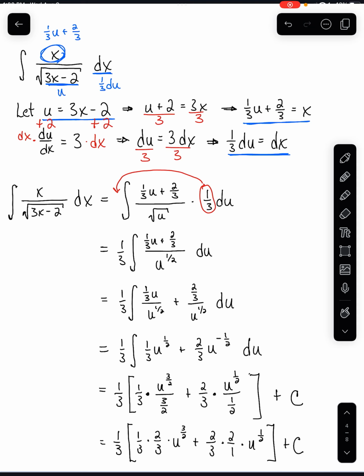But we can at least combine the coefficients. 1/3 times 2/3 is going to give us 2/9 times u to the 3/2. And in the second term, 2/3 times 2/1 would give us 4/3 u to the 1/2. So we have 1/3 in front, and then 2/9 u to the 3/2 plus 4/3 u to the 1/2, and then our plus c at the end of the whole thing.